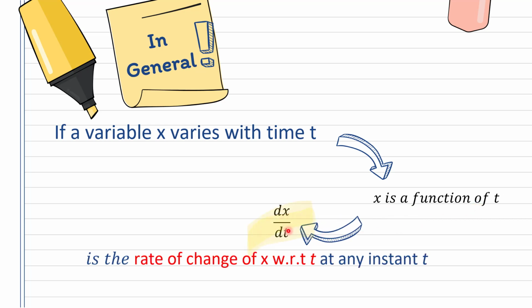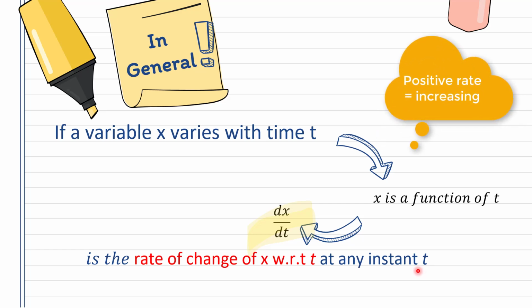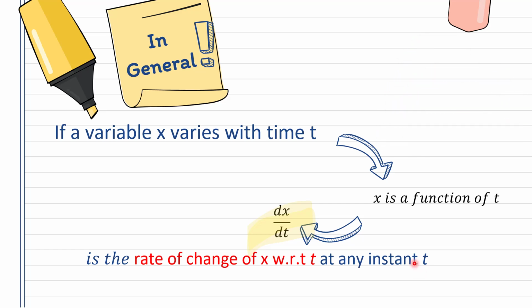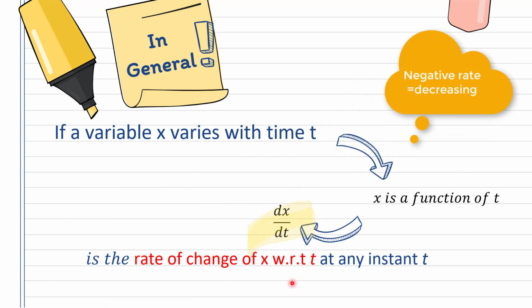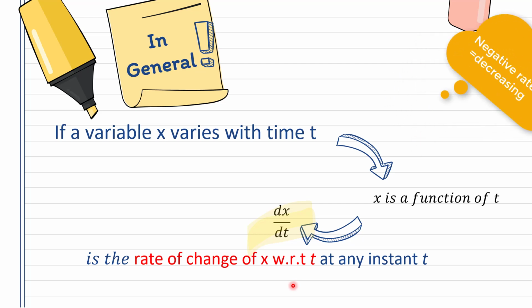In here, we can say that the rate of change of x with respect to time at any instant t can be calculated using the differentiation, and we can substitute the instant t so that we have the rate. So later, when the rate is positive, it means the rate is increasing, and when dx/dt is negative, it means the changes is decreasing.